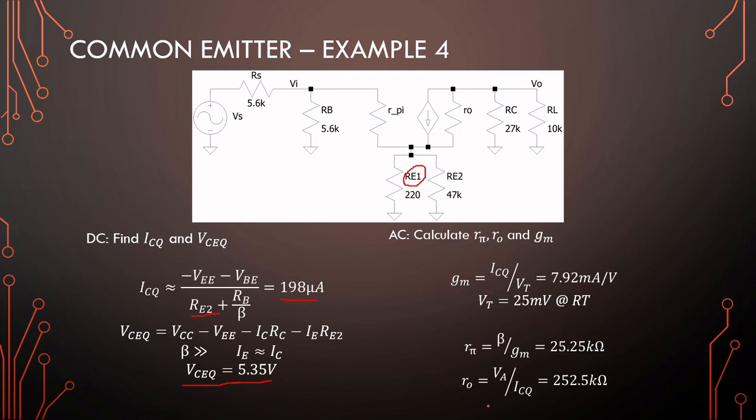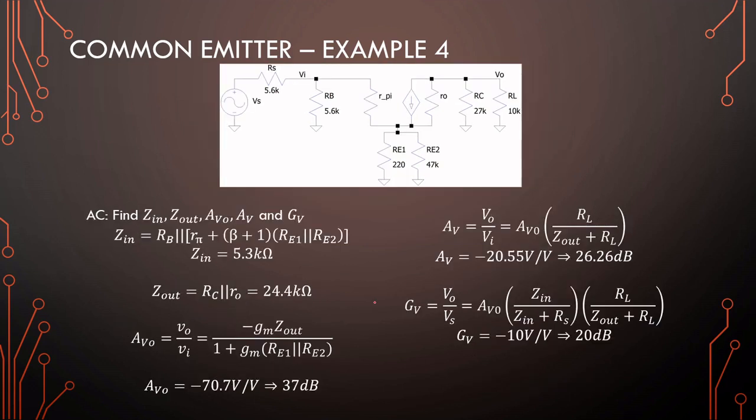Okay, transconductance, same old, same old. So 25 kilo ohms R pi, almost 8 milliamperes per volt transconductance, 250 kilo ohms output impedance of our transistor. And we can have a look at our input impedance now.